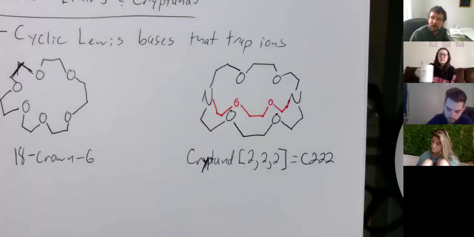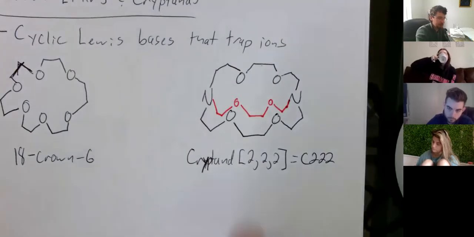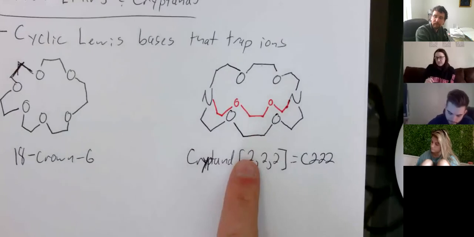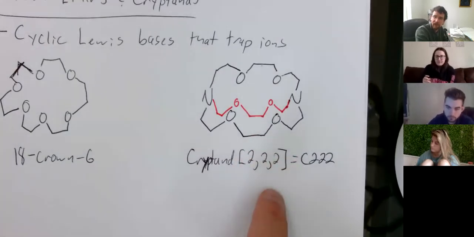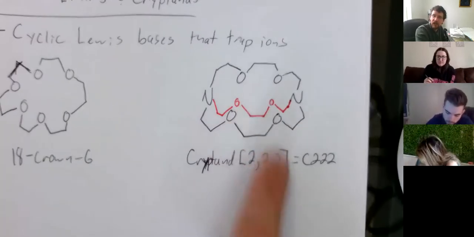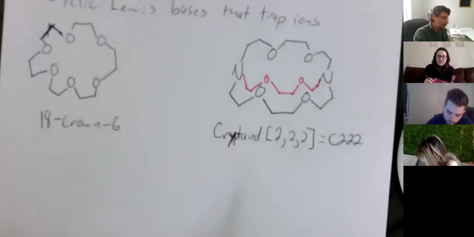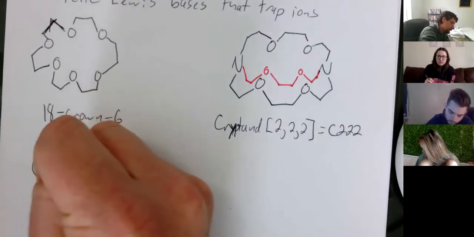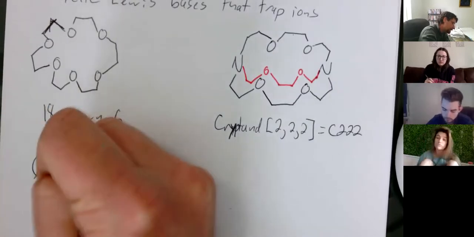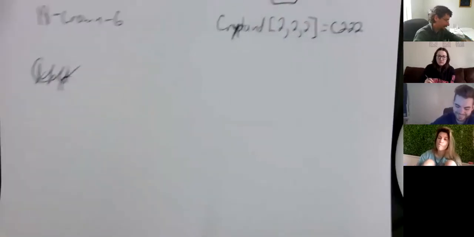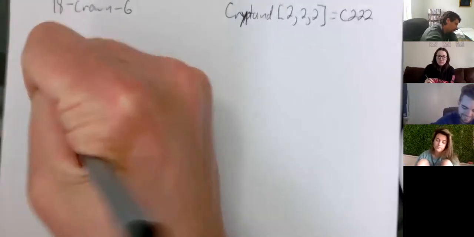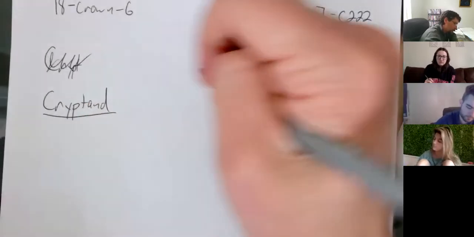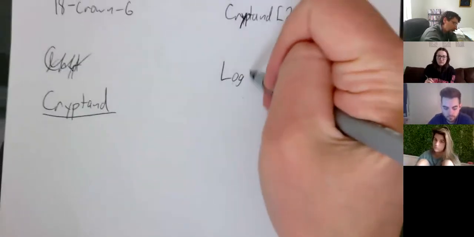So we're going to look at some data and see something neat based upon how these things are constructed. And remember, these numbers indicate how many oxygens are in these chains. What we're going to do is look at the cryptands. We're going to have a bunch of log Kf values over here.